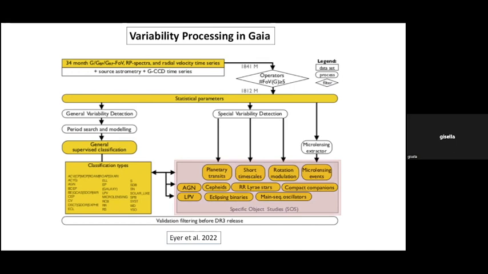And this is where I will focus a bit more later, because we will see in more detail how, for instance, the validation of the RR Lyrae and Cepheids that are detected by the classifiers is made through this pipeline, and then the characterization of those sources with the different parameters and attributes.